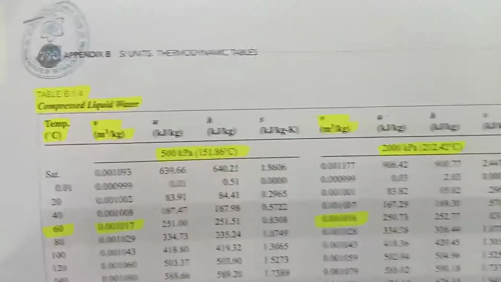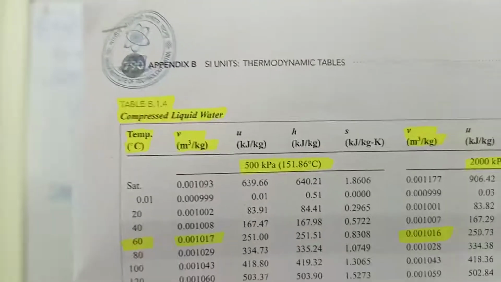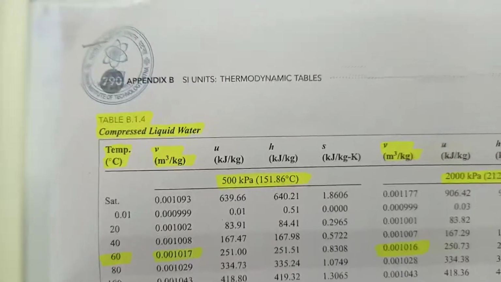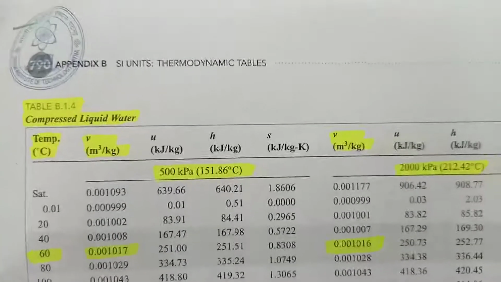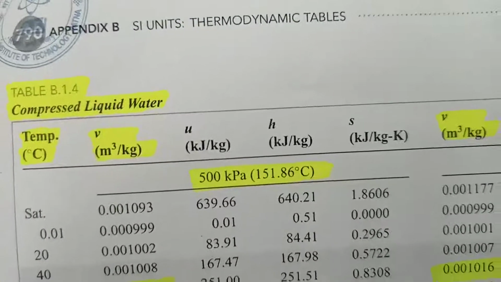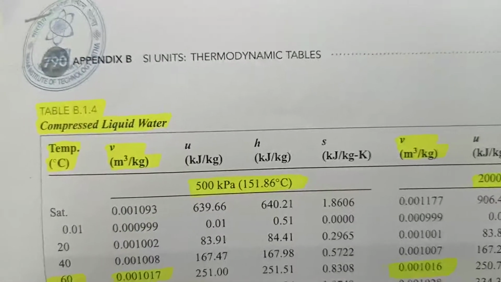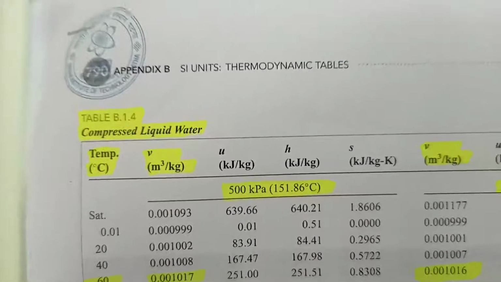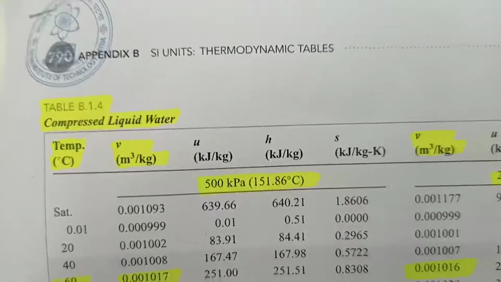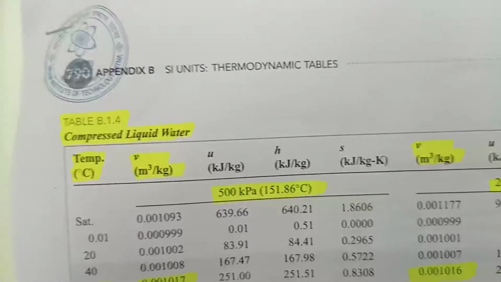We can see the highlighted portion: the first column is temperature in degree centigrade, the second column is the specific volume in meter cube per kg, and other terms like U, H, S we will not consider now. On the top we are seeing 500 kilopascal and in bracket 151.86 degrees centigrade. So 500 kilopascal is the pressure, and 151.86 degrees centigrade is the corresponding saturation temperature.